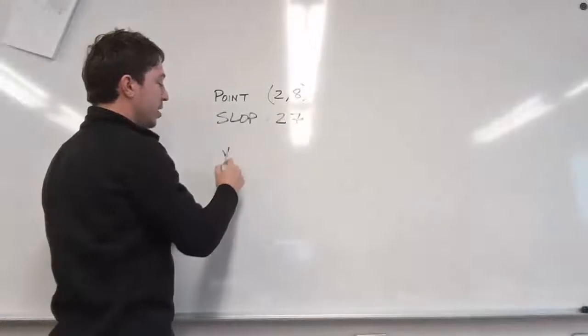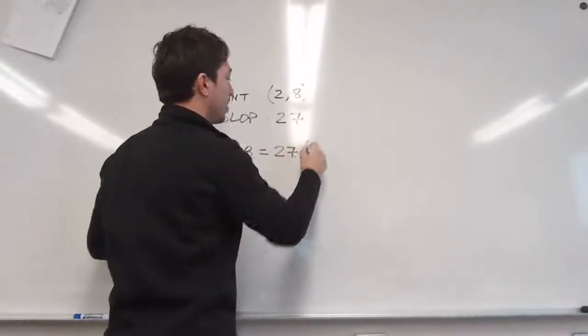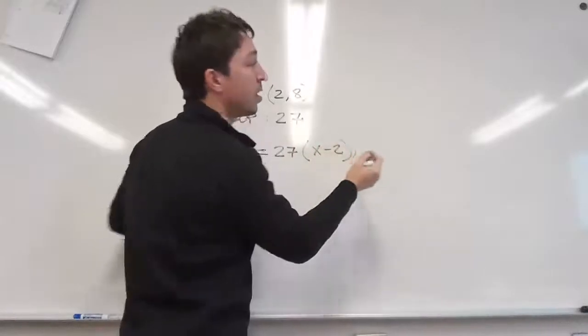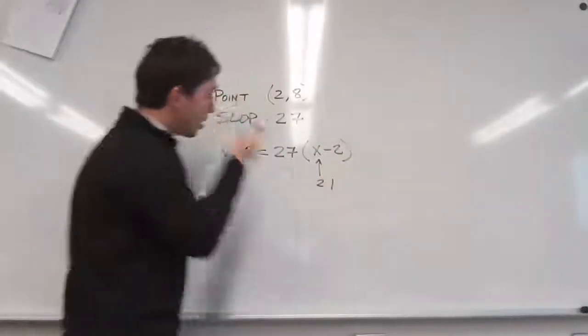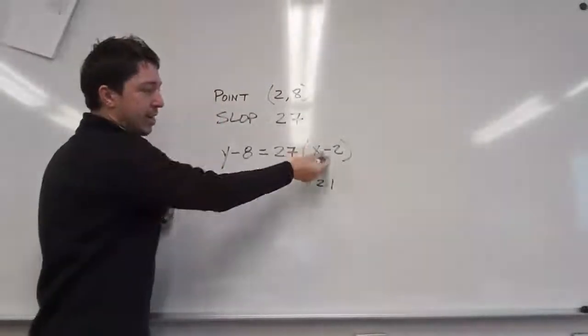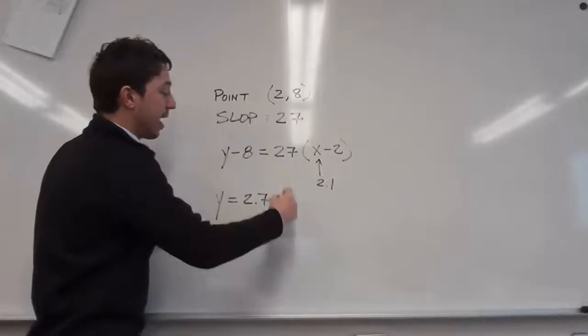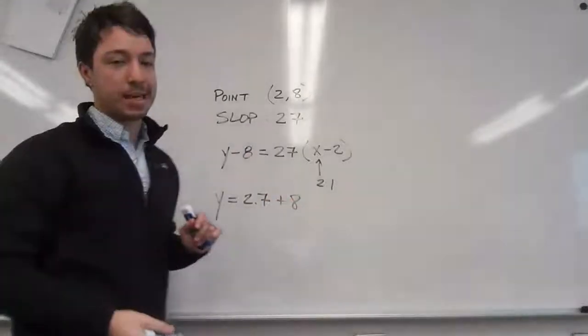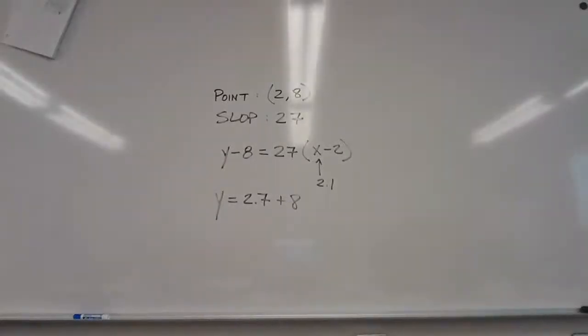So your equation is y minus 8 equals 27 times x minus 2, and we are going to plug in 2.1. This one's a bit easier, right? 1/10 of 27 is 2.7. Add the 8 over, you get 10.7. Okay? Cool beans?